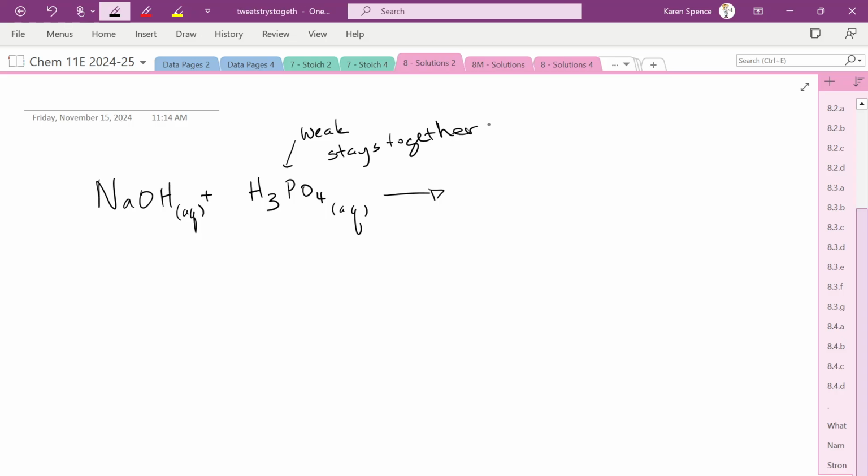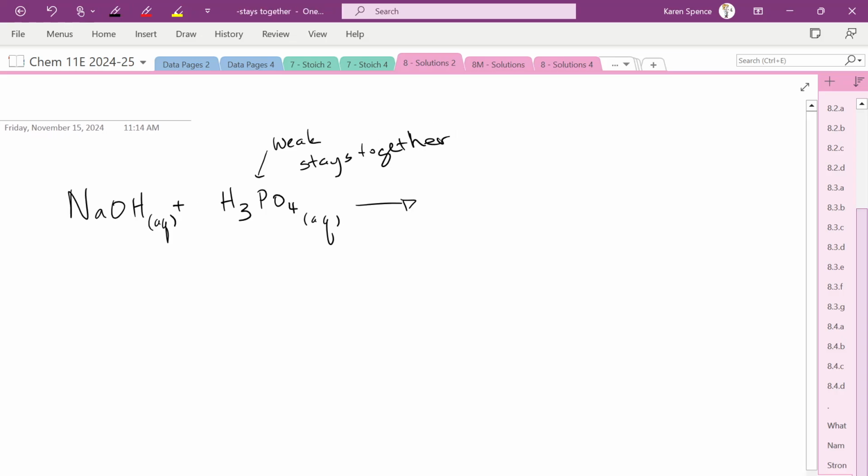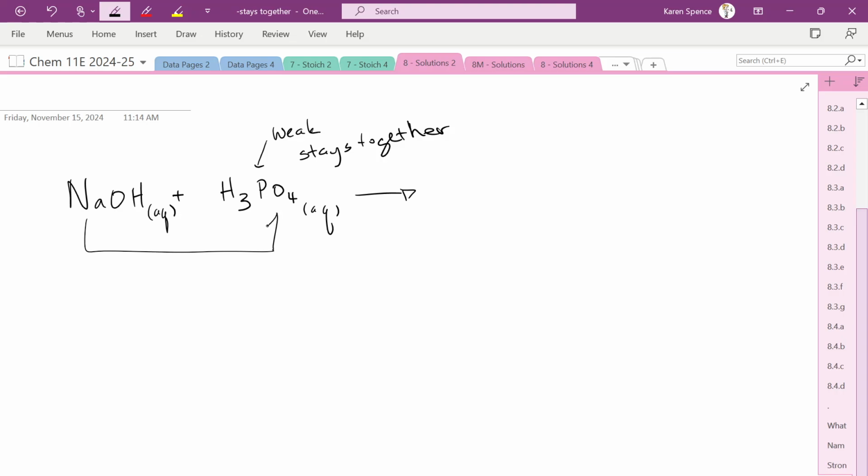So we have NaOH. Na gets together with PO4, Na3PO4 aqueous, plus HOH gives us water, H2O, liquid. And then for balancing, we need 3 sodiums.